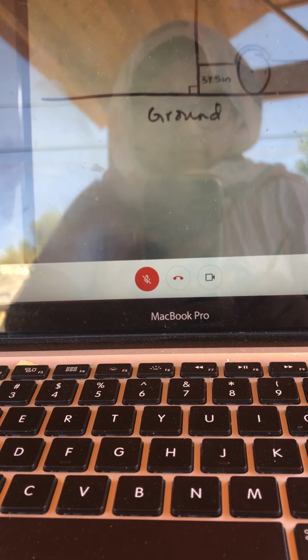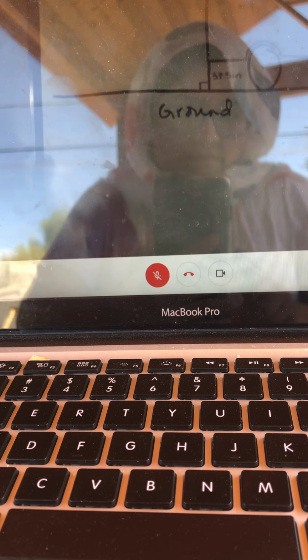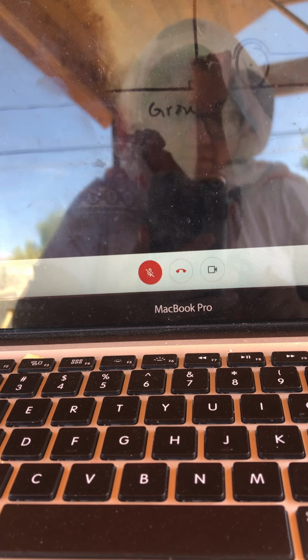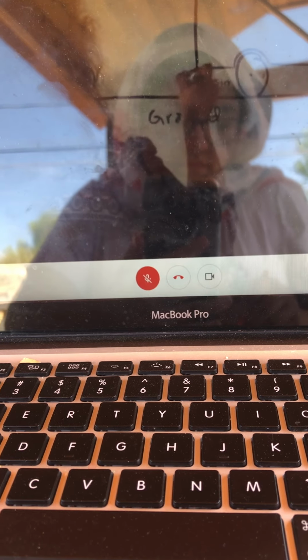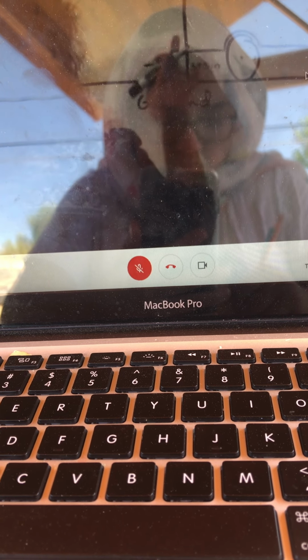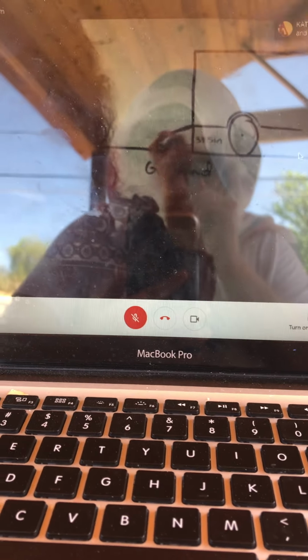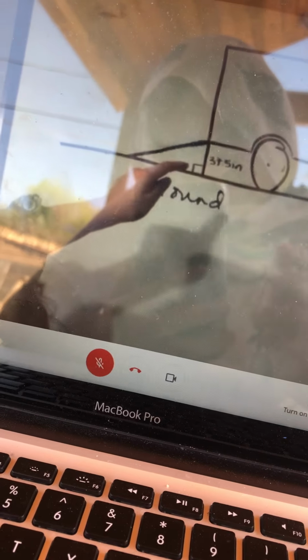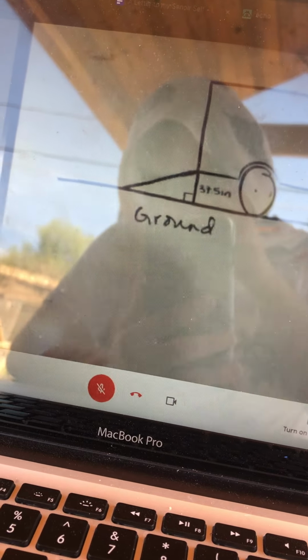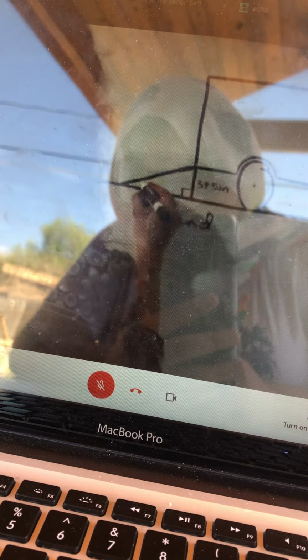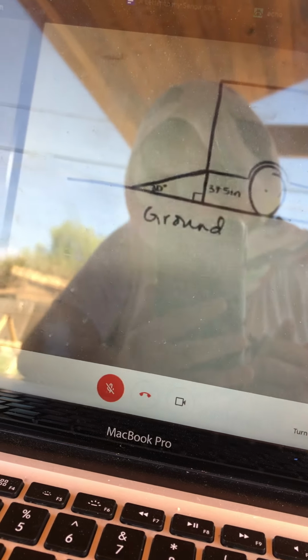Okay. And the ramp. Okay. It tells you that the ramp creates a 30-degree angle with the ground right here. Okay?